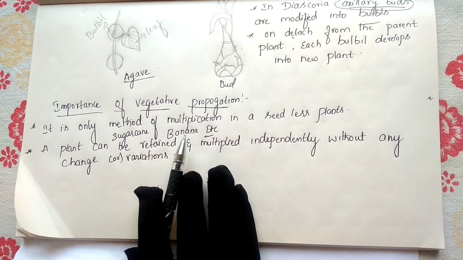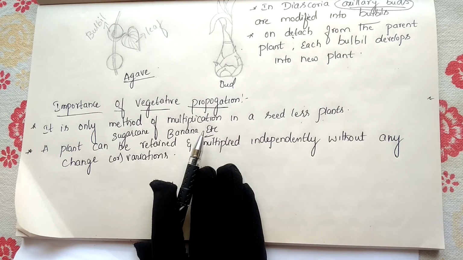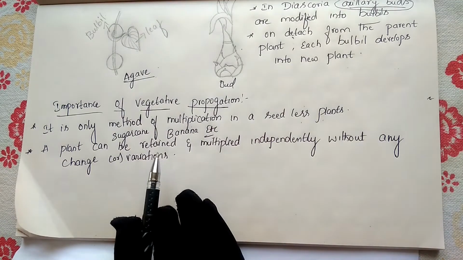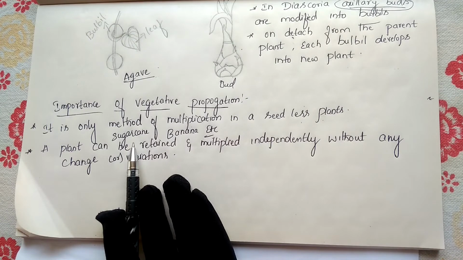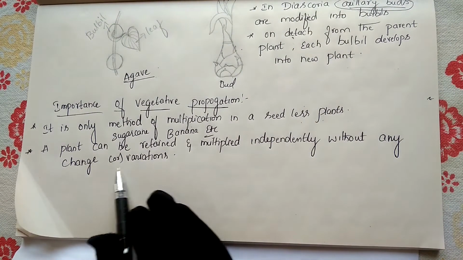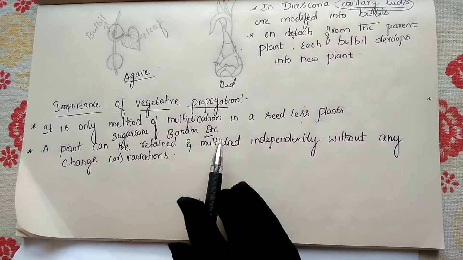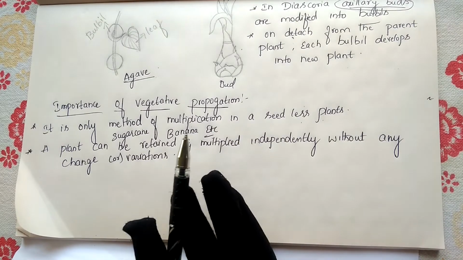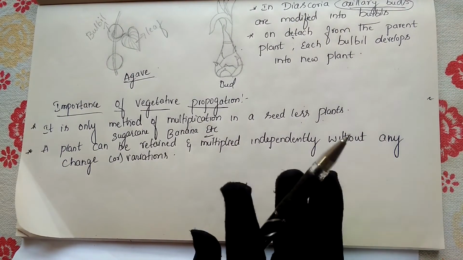You know very well that vegetative propagation is a uniparental method. A single parent is responsible. So whichever characters are present in that single parent, the same characters will be transmitted to the next generation without any changes. If the plant has very good characters, they will be transmitted to the offspring without any variation.